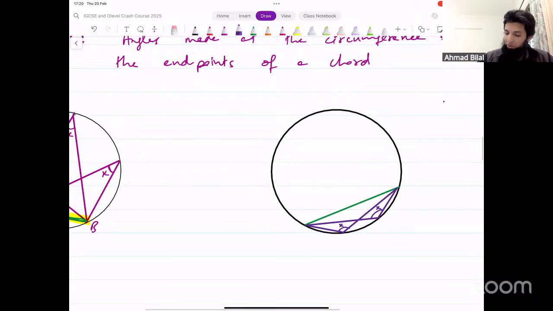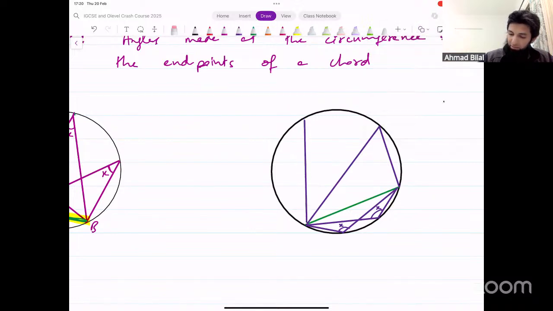But they're not going to be equal to the angle on the other side. If there was an angle here on the other side, that would not be the same as that. These would be the same with each other. They would be equal to each other, but not equal to the one on the other side.